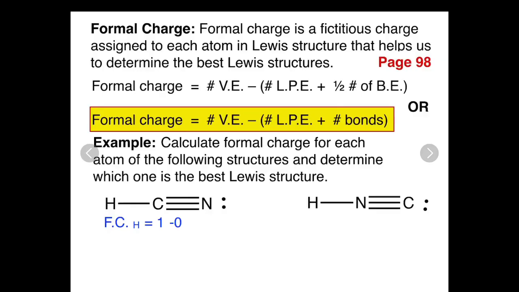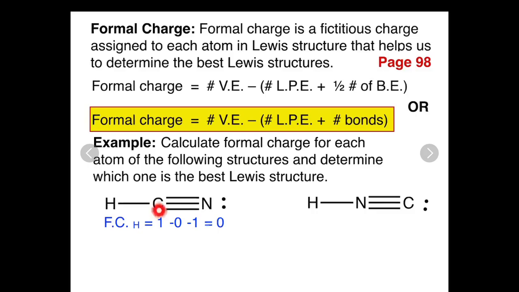And the number of bonds, right? If you distribute this negative into the parentheses, you will see that it's going to be minus the lone pairs, also minus the number of bonds as well. So we are going to minus the number of bonds, which is 1 bond. According to this, the total formal charge of hydrogen comes out equal to 0.